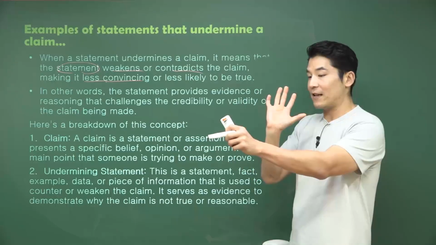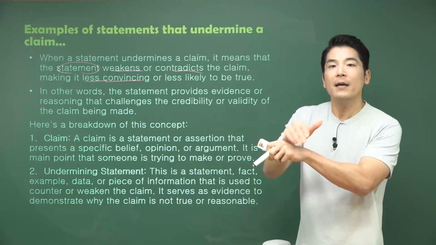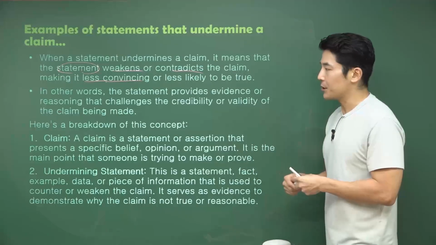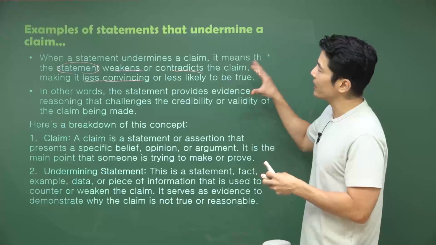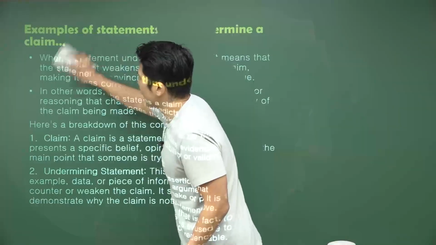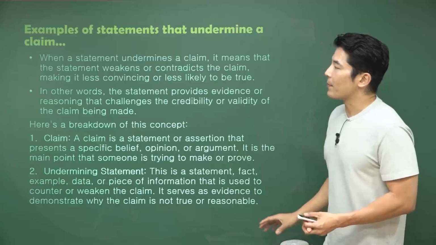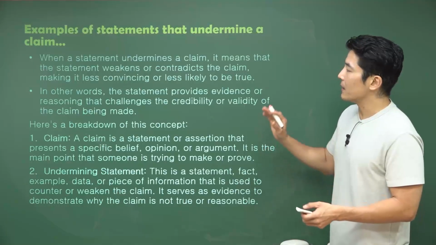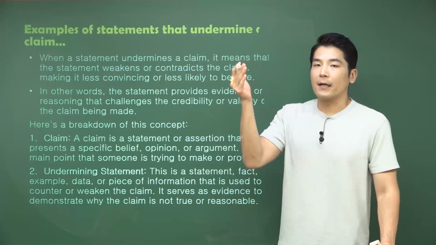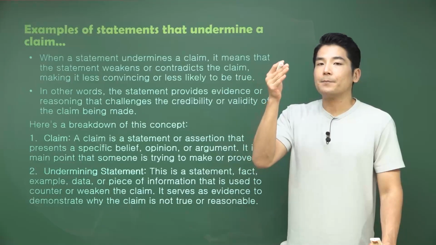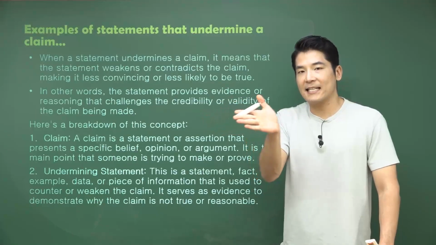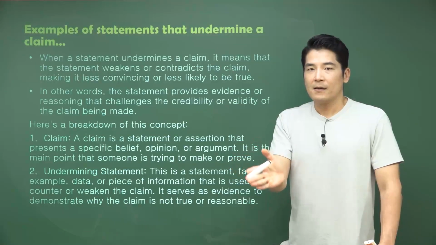That's what can be a little bit tricky about this type of question. Remember that the statement has to affect the claim, and the only way that a statement could affect the claim is if it relates to the claim.